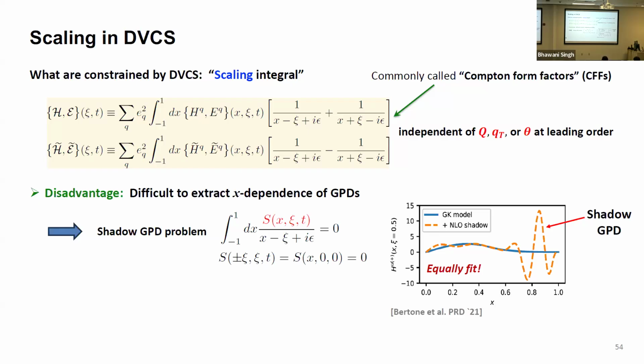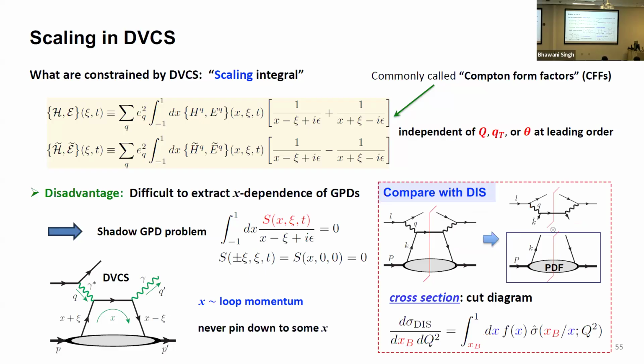So these two GPDs will not be distinguishable if we only measure DVCS. And why is that? That's something quite different from inclusive processes. The reason is we are looking at an exclusive process, and in an exclusive process, everything is at amplitude level. The factorization is at amplitude level.